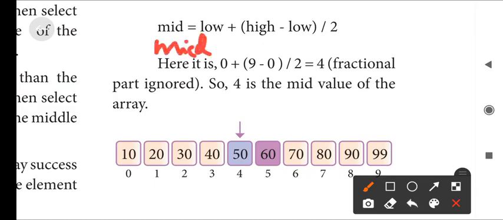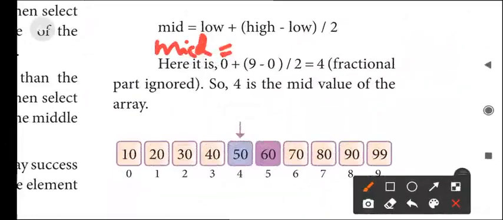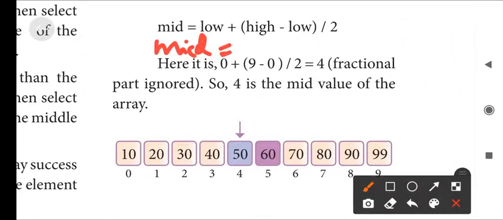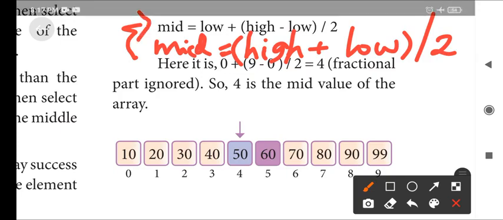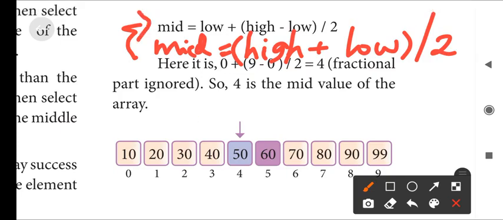Mid equal to (high plus low) divided by 2. This is a simple formula, used instead of the previous one. It is very useful and easy.